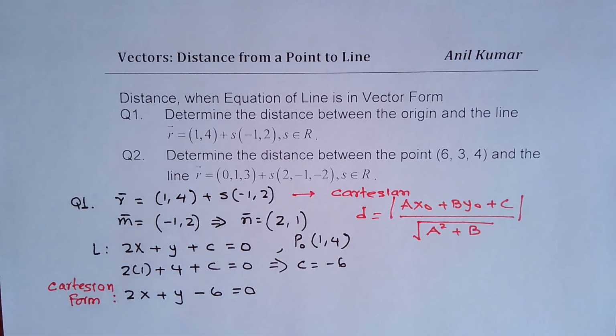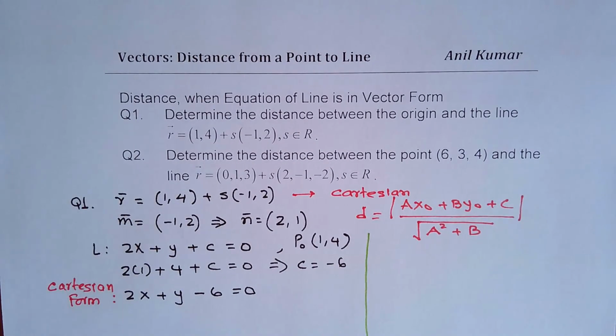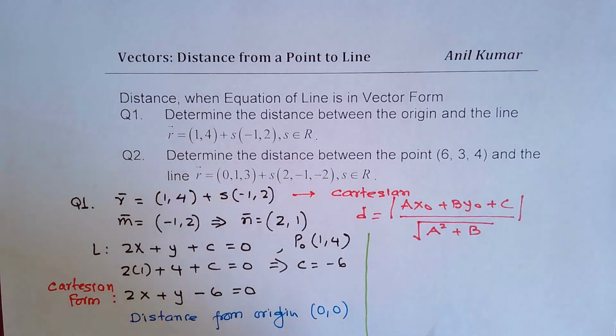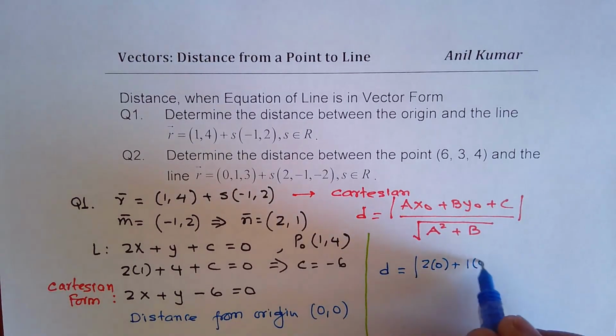Now it is easy to find the distance. The point given to us is the origin, so we want to find the distance from the origin, which is (0, 0). In this formula, we substitute 0 and 0 for x and y. We get distance d equal to the absolute value of 2 times 0 plus 1 times 0 minus 6.